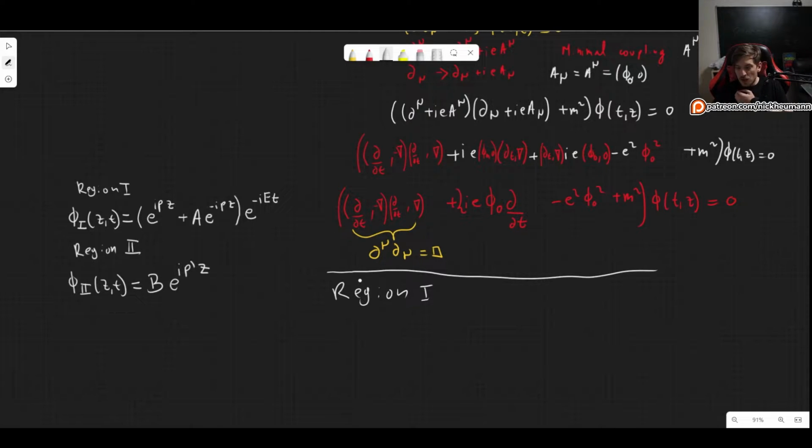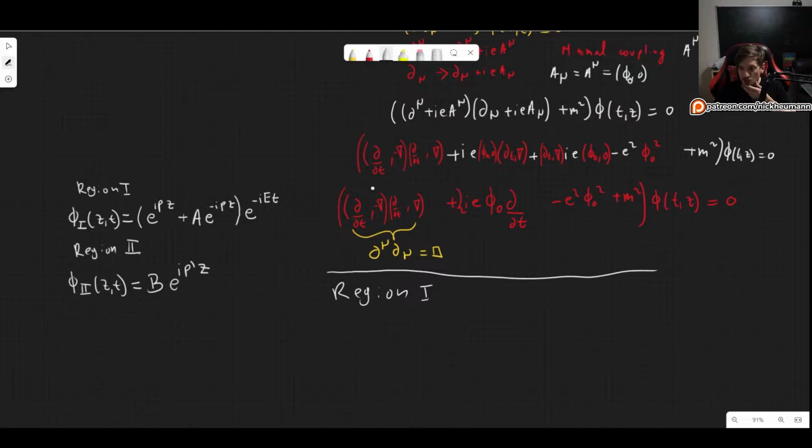And also, we have to keep in mind that in region 1, there is no potential. So all of these phi 0 terms go to 0, and we just end up in the regular Klein-Gordon equation that we have seen already. So this would be 0, this would be 0, and we are back to just the regular Klein-Gordon equation. That of course makes sense: if there's no potential, then you don't do those changes.